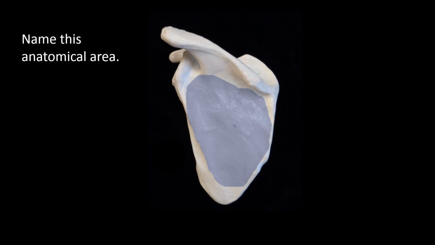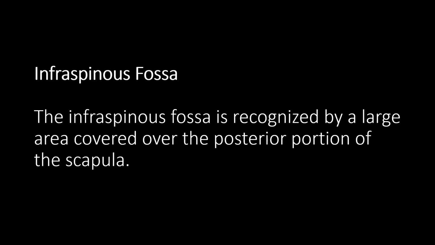Name this anatomical area. Infraspinous fossa. The infraspinous fossa is recognized by the large area covered over the posterior portion of the scapula.